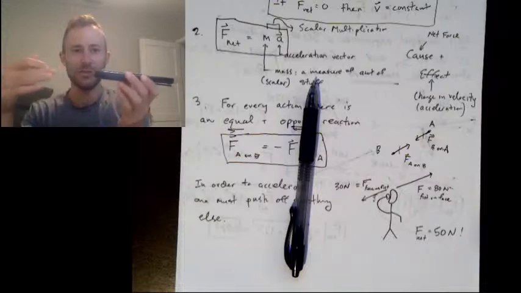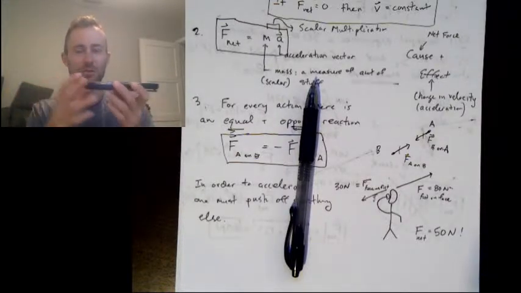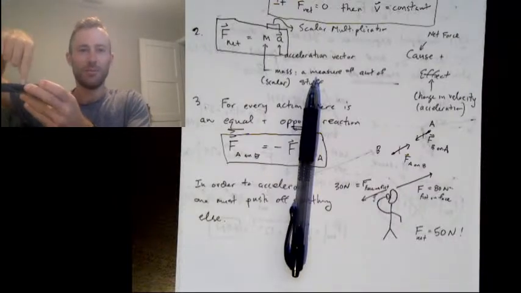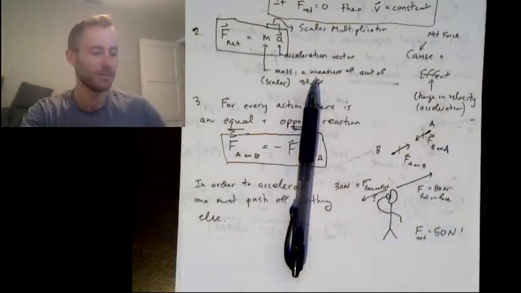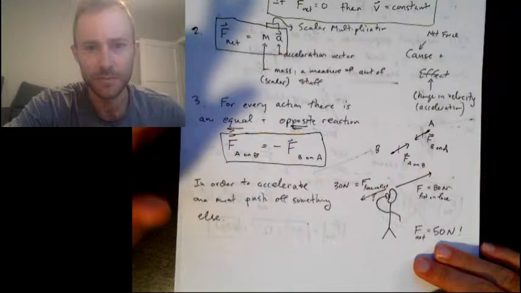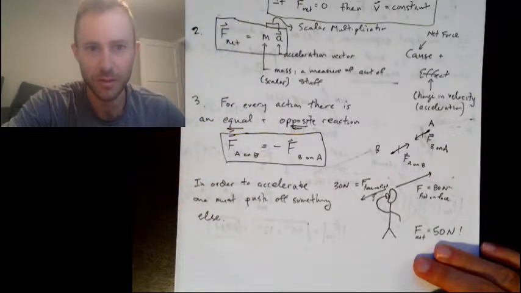So you push something and then it accelerates down. It would just be really annoying. You would just push on something and it would go to the side, and you push and it would go to the side, and you push and it would go to the side. It would just be weird. Okay. So in order to accelerate, you have to push off something else.